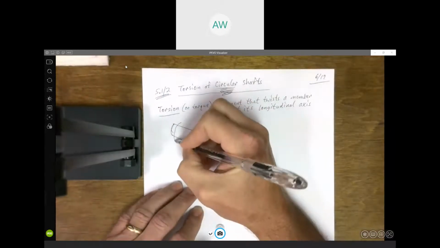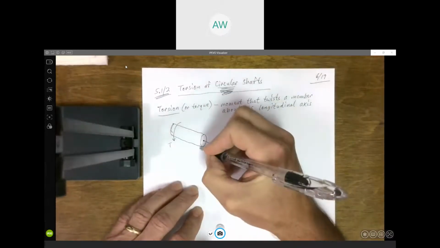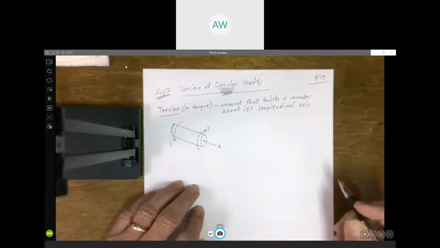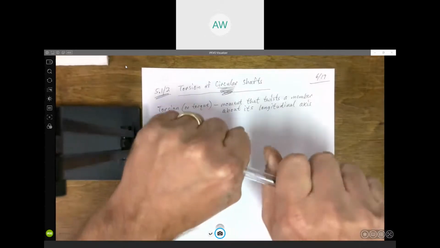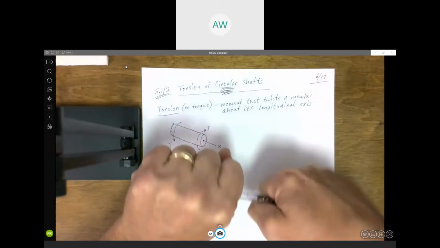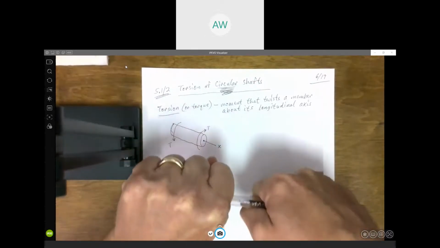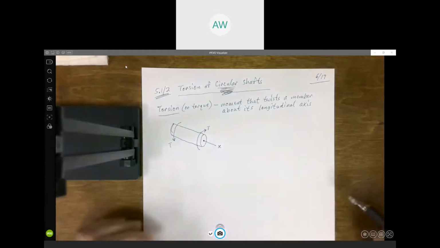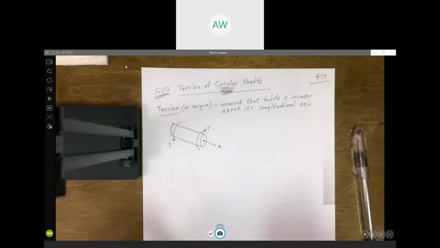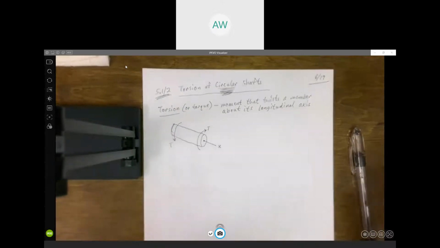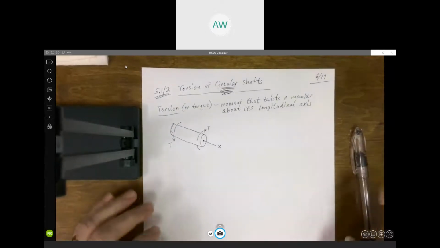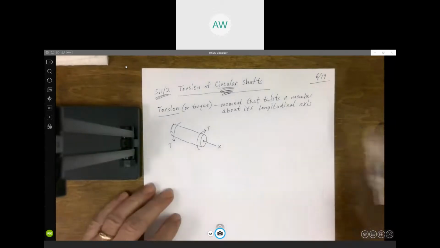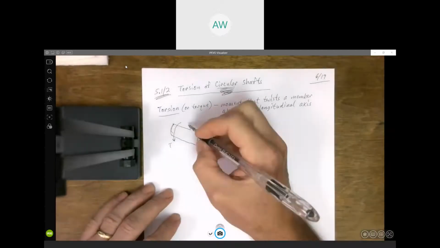So if we apply a moment or a torque, we'll call T. If I can show a picture here, I'm twisting this pin. That's what the moment is about, that longitudinal axis. It's going to twist this thing, and it's going to cause it to deform. It's going to twist and rotate, and it's going to cause a shear stress on the cross section. And as I said a second ago, that's our goal.